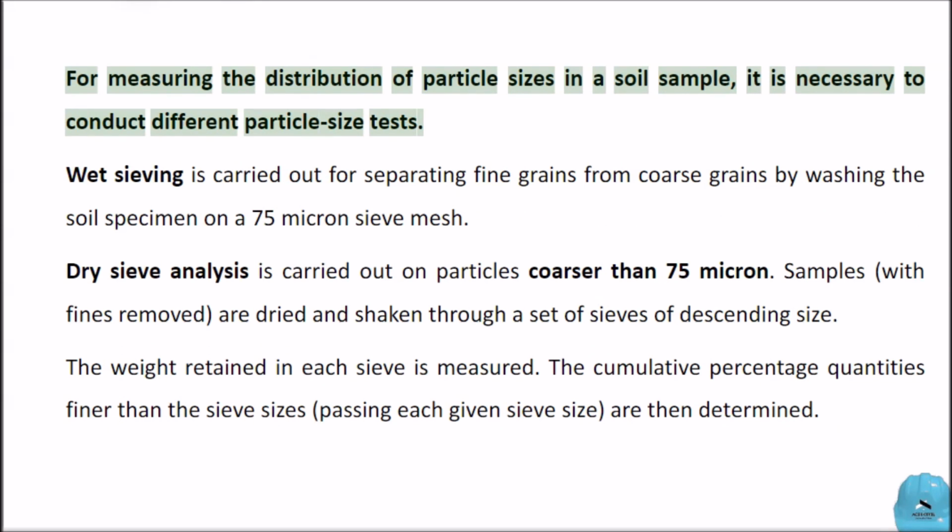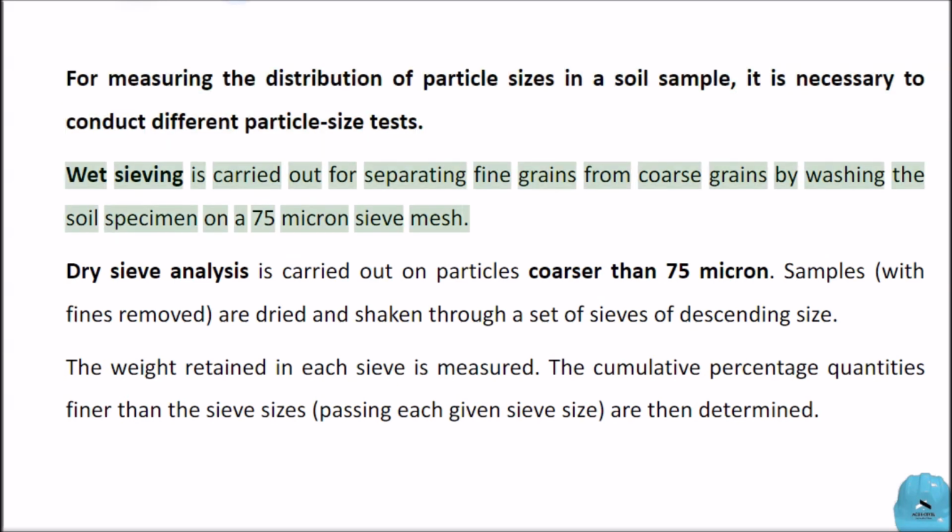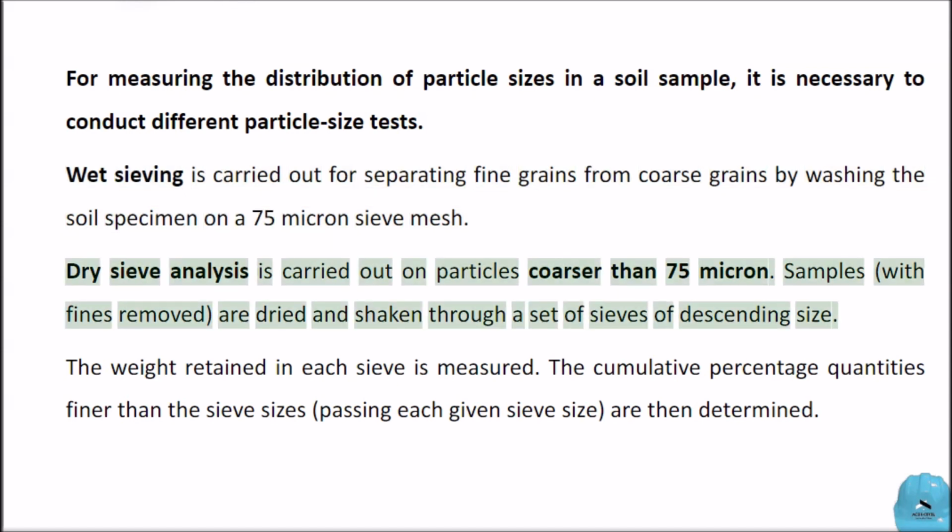For measuring the distribution of particle sizes in a soil sample, it is necessary to conduct different particle size tests. Wet sieving is carried out for separating fine grains from coarse grains by washing the soil specimen on a 75 micron sieve mesh. Dry sieve analysis is carried out on particles coarser than 75 micron.